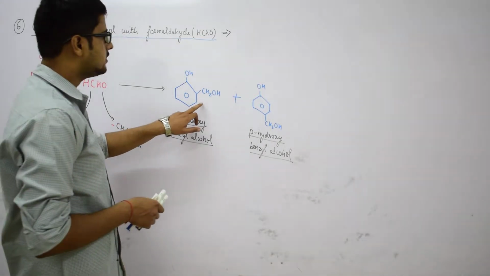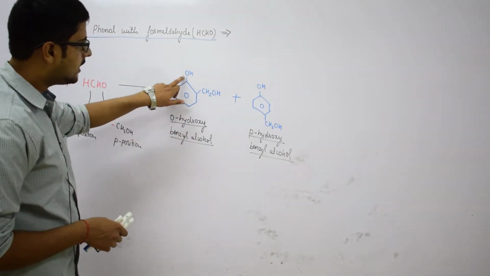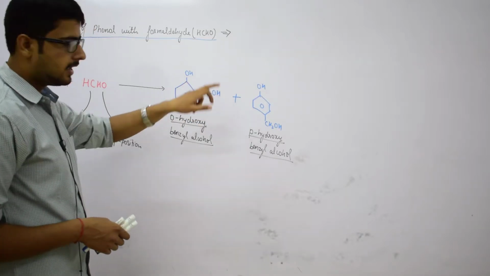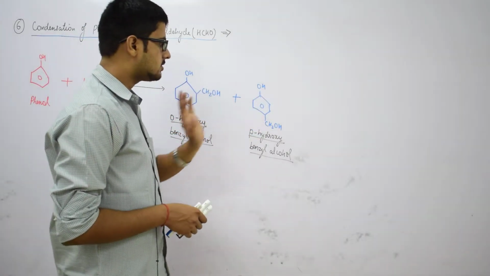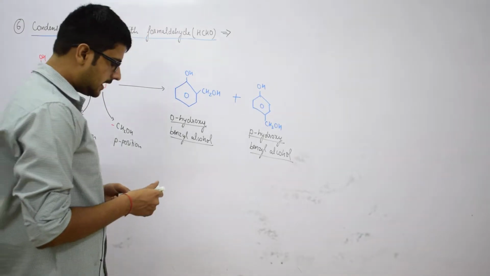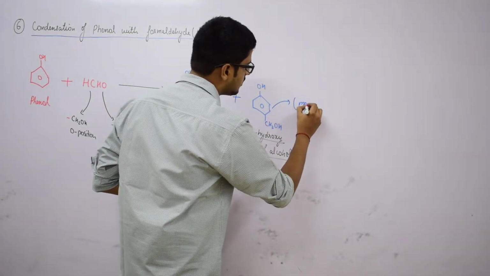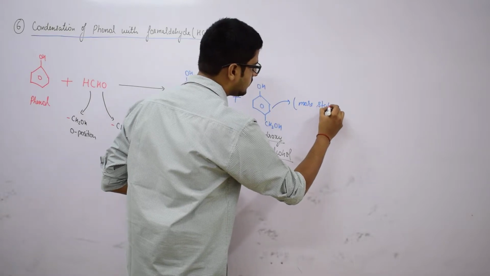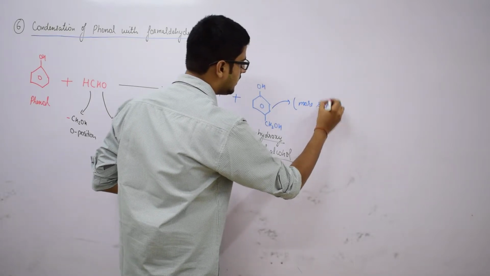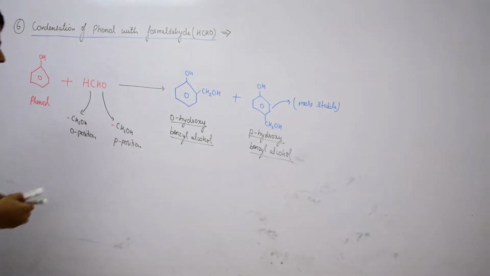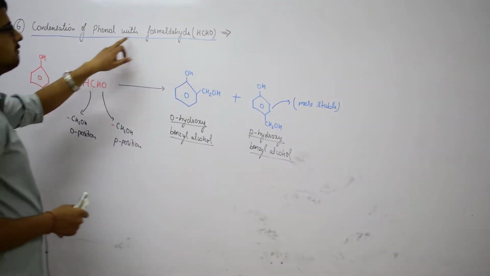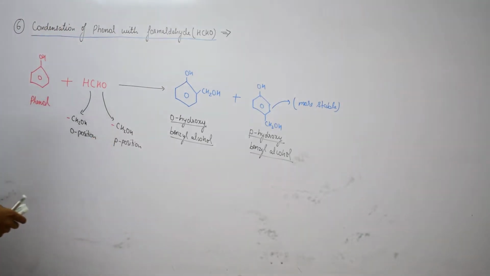The first product formed is orthohydroxy benzyl alcohol and the other one is para-hydroxy benzyl alcohol, and again this para substituted product is more stable. So, this is the entire mechanism behind the condensation of phenol with formaldehyde.